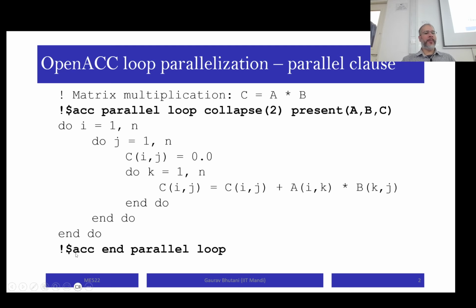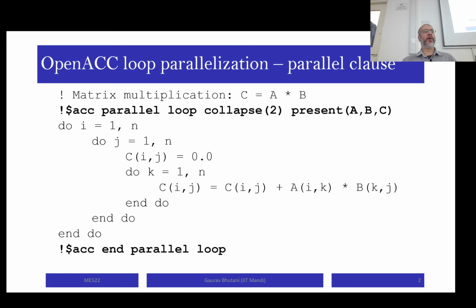And then you have !$ACC end parallel. You see that it's much simpler to use OpenACC as compared to CUDA, for example. That will be a first level choice if you have a big program and you want to parallelize it using a parallelism approach which does not require reorienting the whole program.